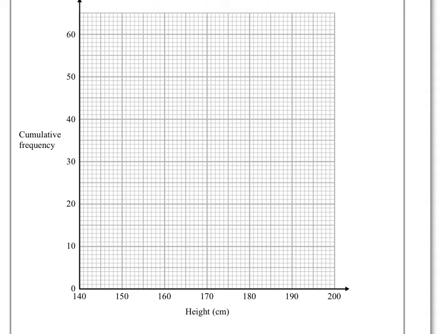So if you remember, the first one was 140 to 150, and that was 4. Because it was from 140 to 150, we plot it at the 150.